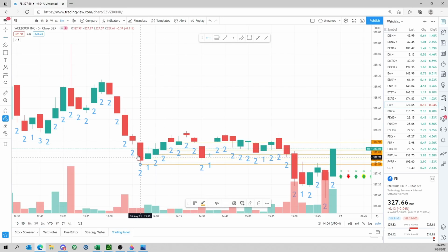Let me just draw this real quick. Okay, so everyone who bought and went long on Facebook on this reversal right here, this guy bought in here, it's pushing up, he sets his stop at the bottom of the candle. Very important. This candle open up, everyone who bought in here set their stop here. Same thing here with this candle, they buy in, they set the stop here. Same with yours.